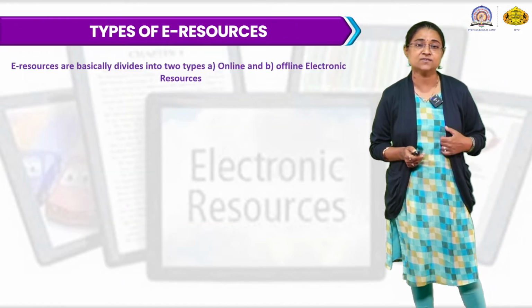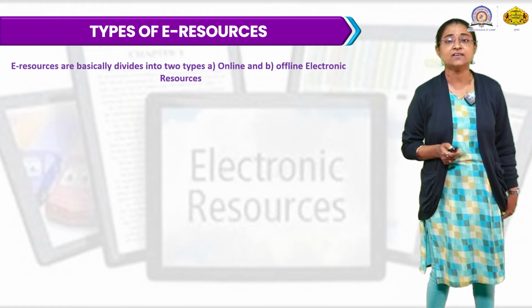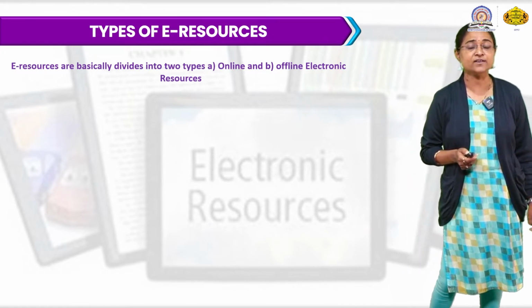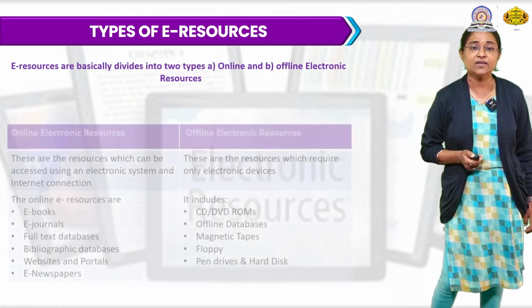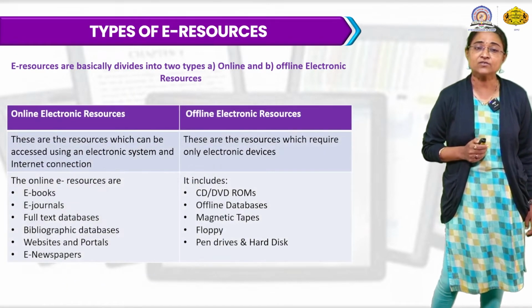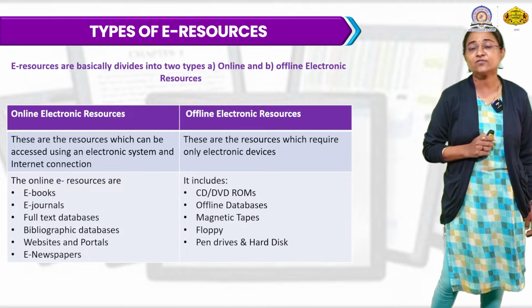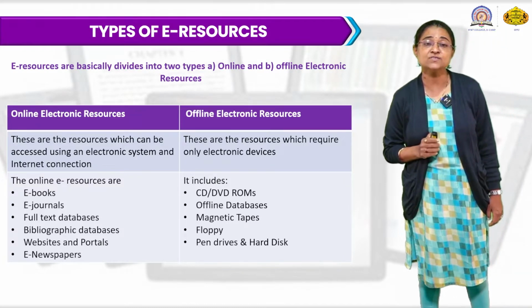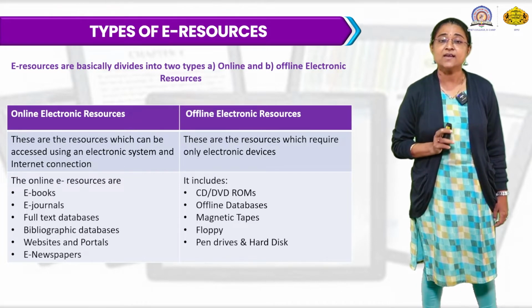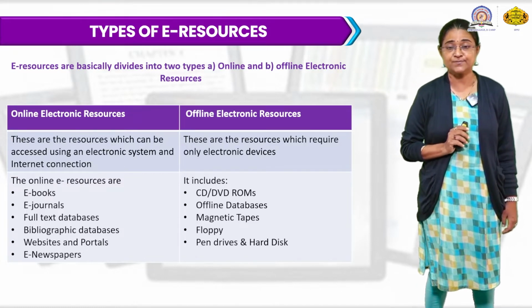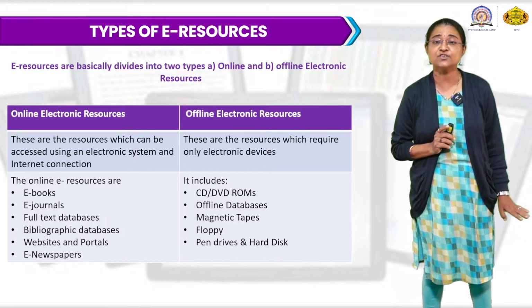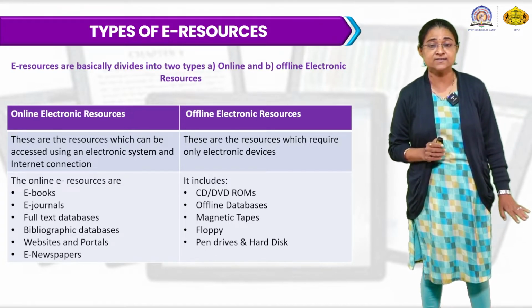Types of e-resources. E-resources are basically divided into two types, that is online and offline electronic resources. So, what are online electronic resources? Online electronic resources are those which can be accessed using an electronic system and internet connection, whereas offline electronic resources are those which require only electronic devices.